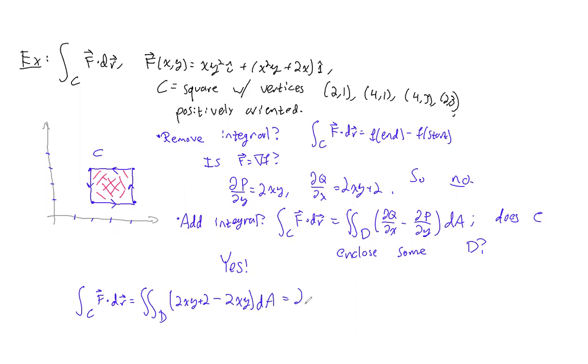Or in other words, 2 times the double integral over D of just dA. Or in other words, 2 times the area of D. And the area of D we can see is 4. So this whole thing becomes 2 times 4, or 8. That's it. That's all there is to it.